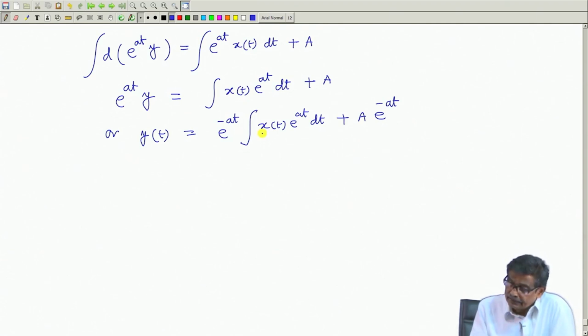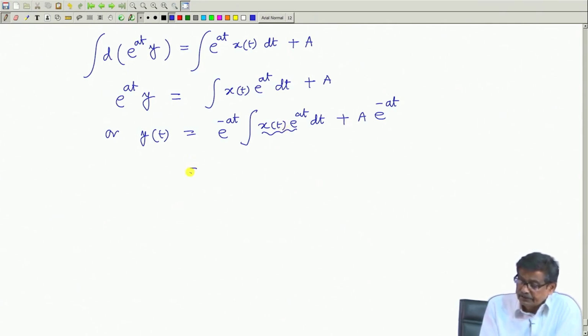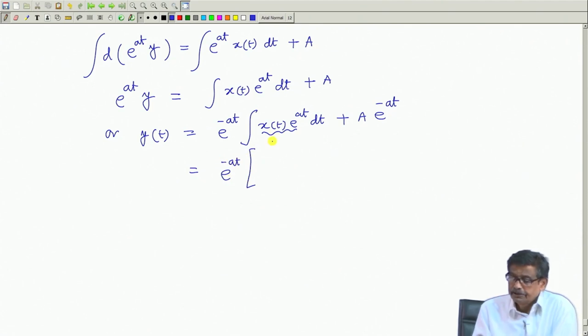Now, this term is fine, but here is an integration which is a product of two functions. So, I will expand this integration, and e to the power minus a t was there already. I will apply the rule of integration of product.